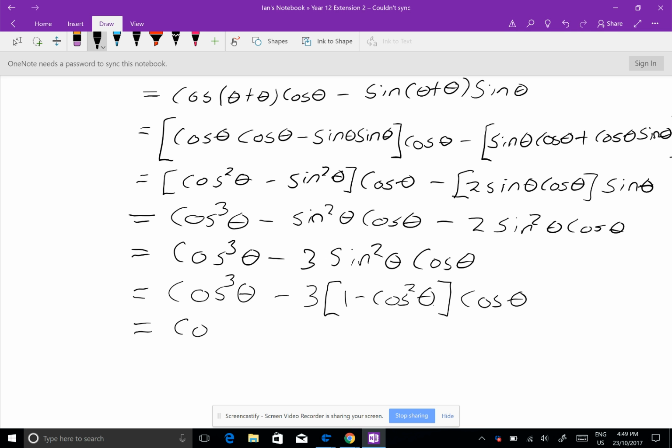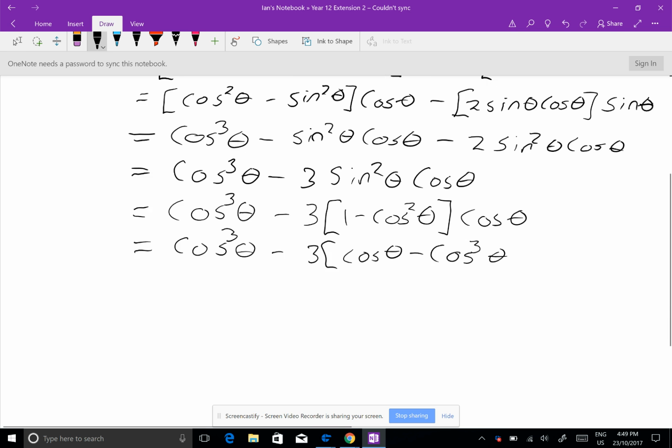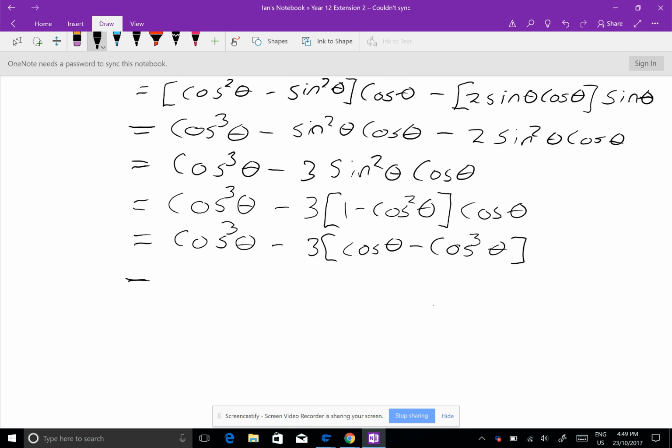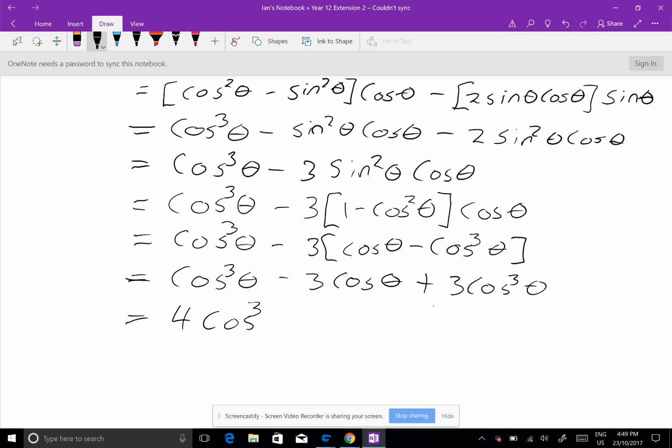Well, that gives me cos cubed theta minus 3 cos theta minus cos cubed theta, which gives me cos cubed theta minus 3 cos theta plus 3 cos cubed theta, which is 4 cos cubed theta minus 3 cos theta, which is the answer we got in class.